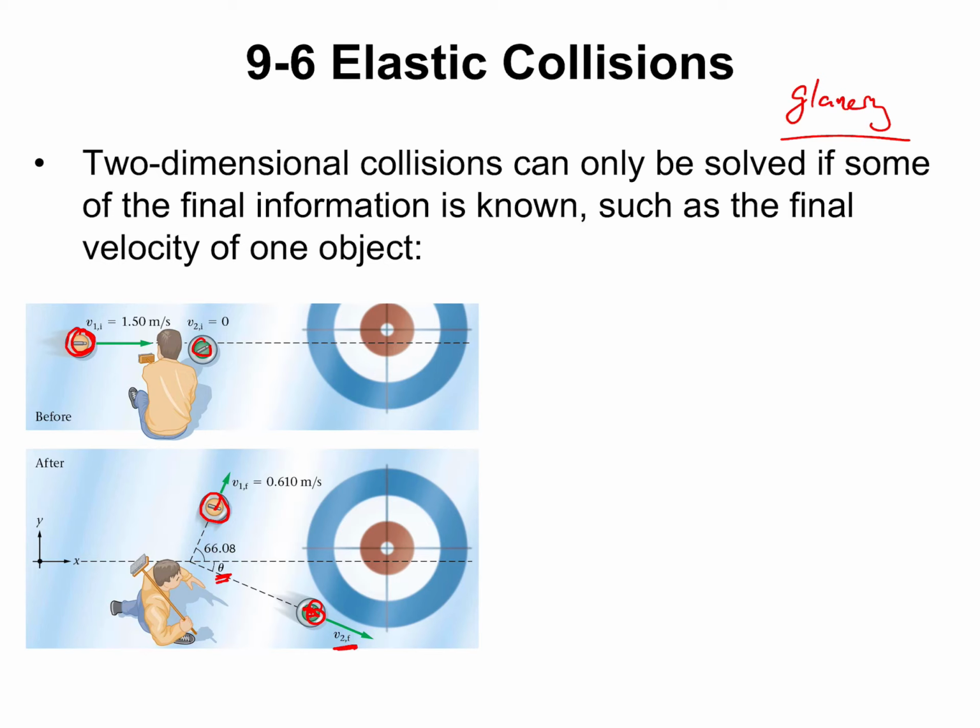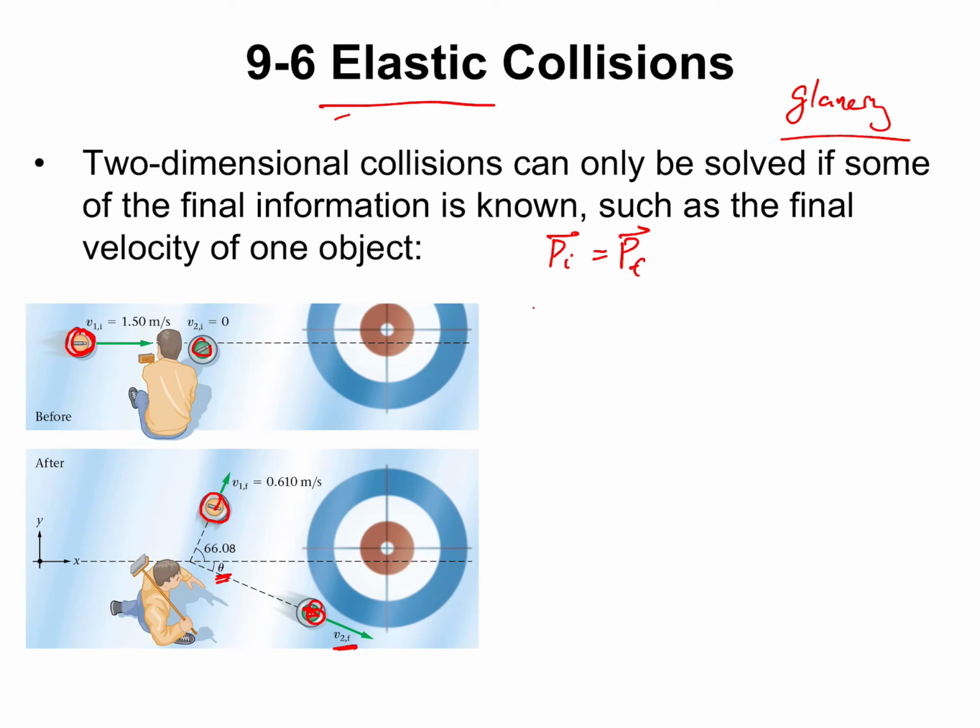So let's see how many equations we can have. If this is an elastic collision, two-dimensional, here's what we know. Momentum conservation: PI equal to PF. In this case, you have to use vector notation.